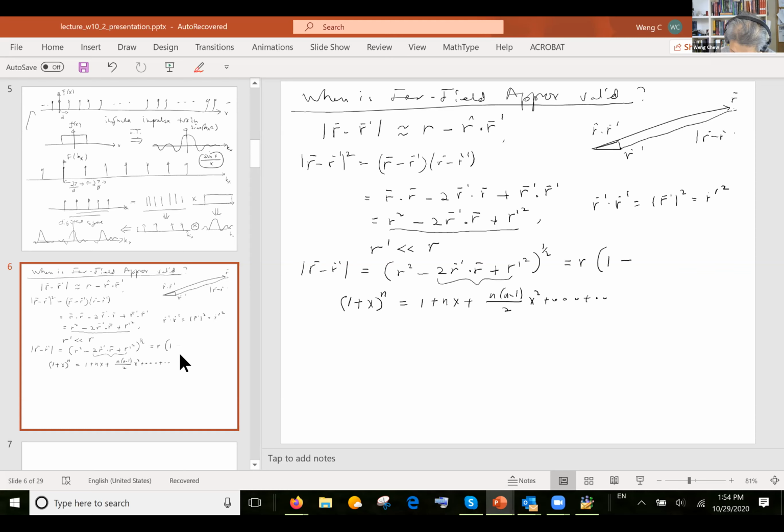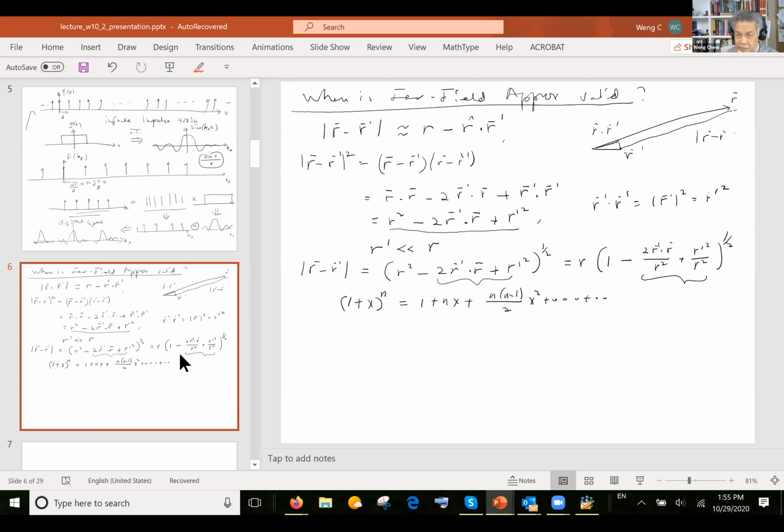And then I will have minus 2r prime dot r over r squared plus r prime squared over r squared, to the power of half. I just have that. And these two are going to be small.